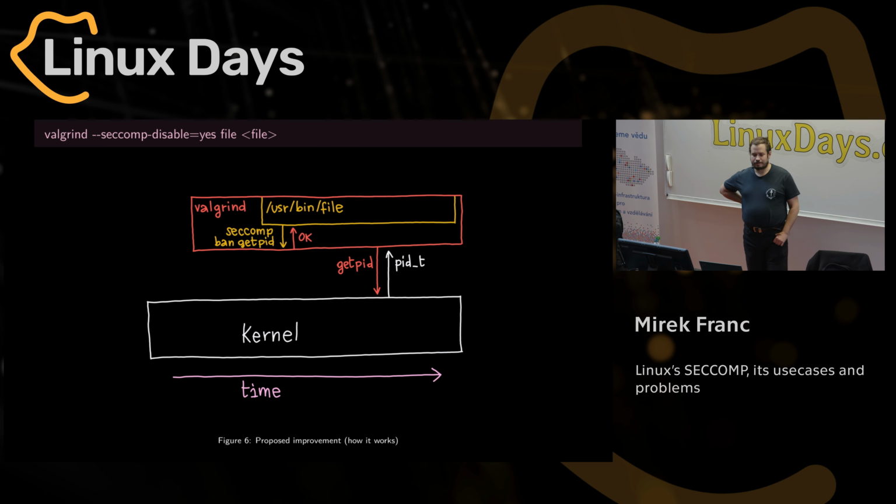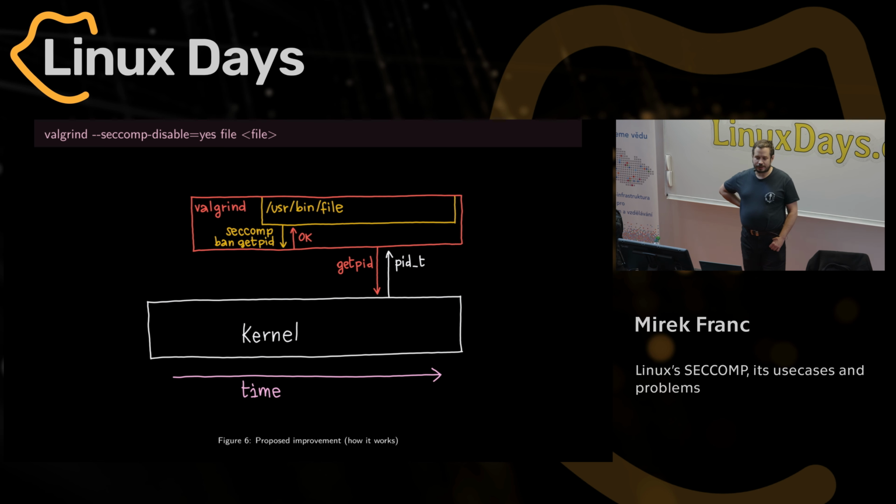And that is, I would like to hide it under this flag here on Valgrind, SECCOMP disable yes at the top of the slide. Basically, what happens is that I implement the SECCOMP syscall in Valgrind, and I'm just going to pretend it succeeded. I will never pass it to the kernel. So you run the user bin file under Valgrind.